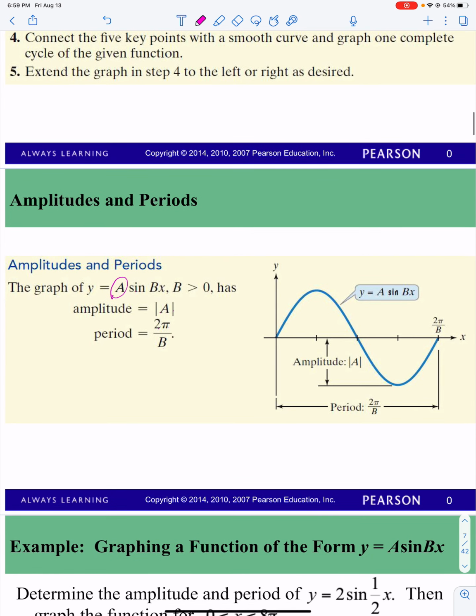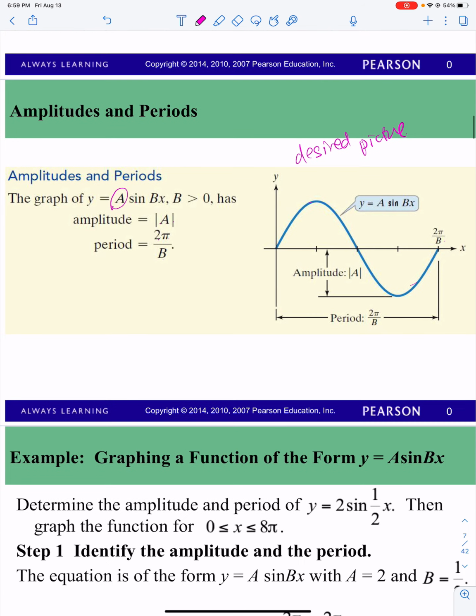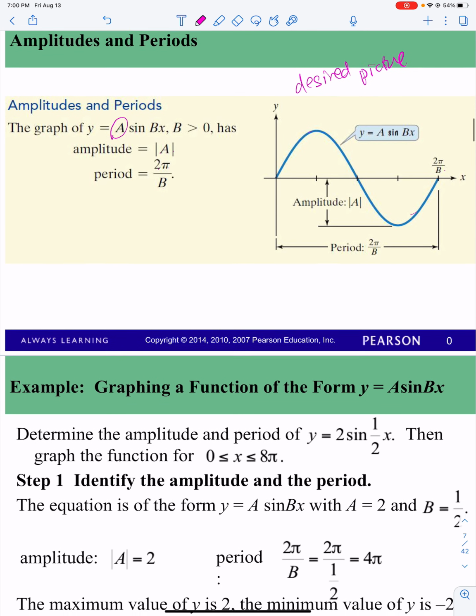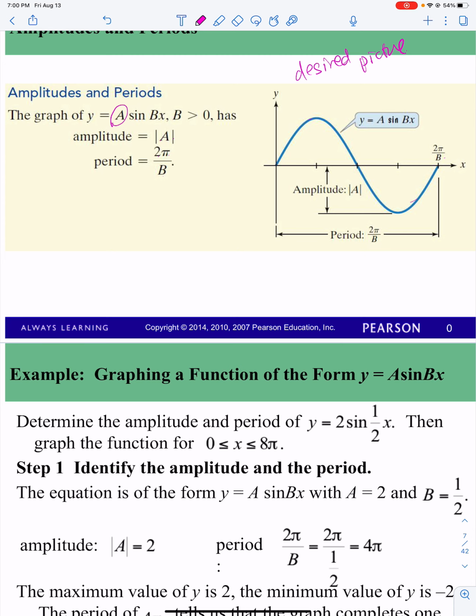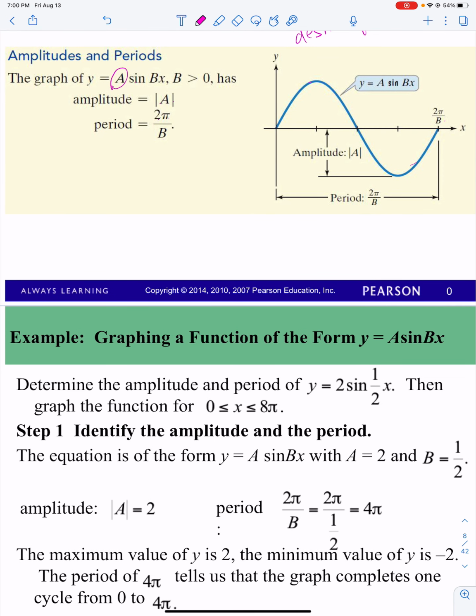Okay? Actually, this picture is the desired picture for you to sketch the further pictures. So the examples here have so many different steps. But in the exam or in the homework, how could you tell which picture is correct?